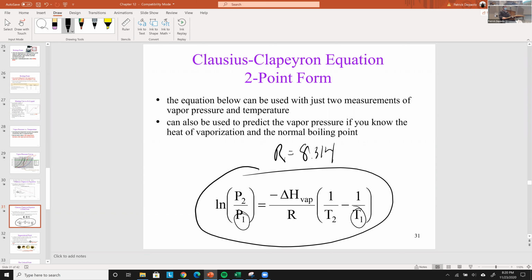And at 20 atm, it has a temperature of 200 degrees Celsius. So you'd say, all right, P2 is 20, T2 is 200 plus 273 to make it Kelvin. From there, you know what R is. R is 8.314. You'd be able to calculate the heat of vaporization of that substance from that. Clausius-Clapeyron equation.